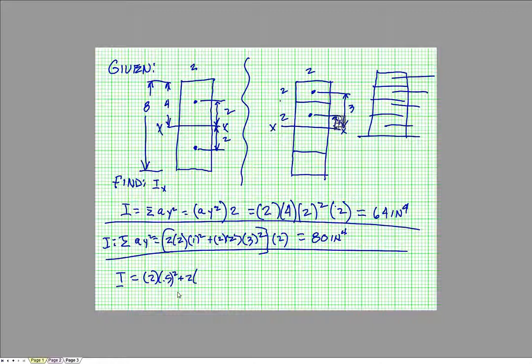The areas are 2 because they're 2 inches wide, 1 inch tall. All of that times 2, and that equals 84 inches to the fourth.